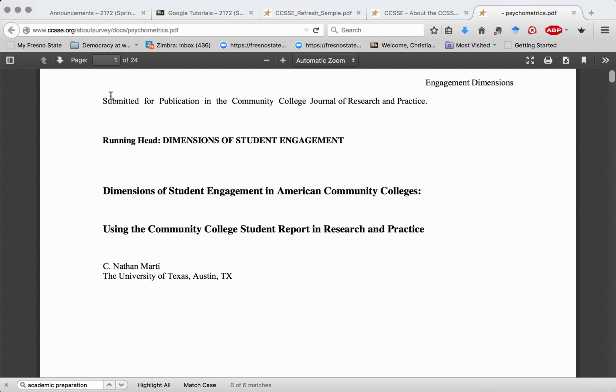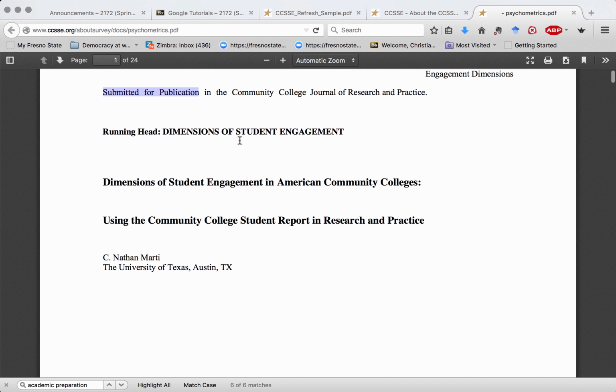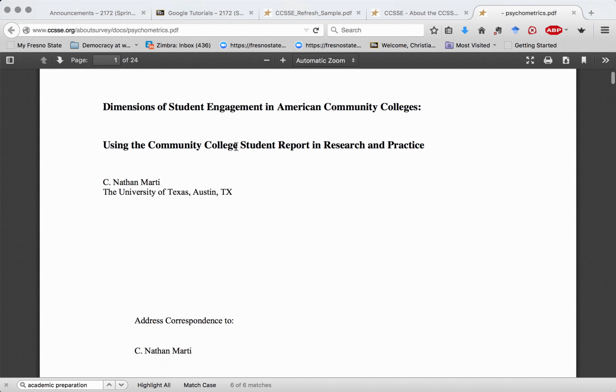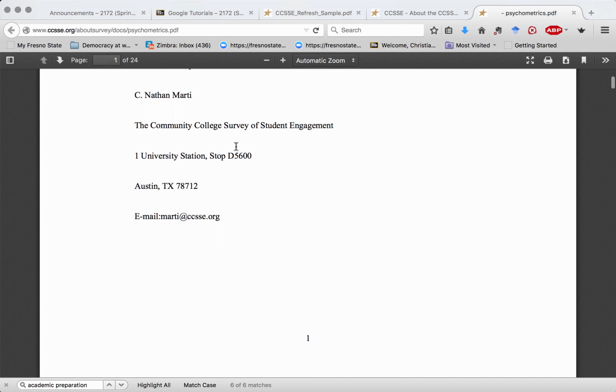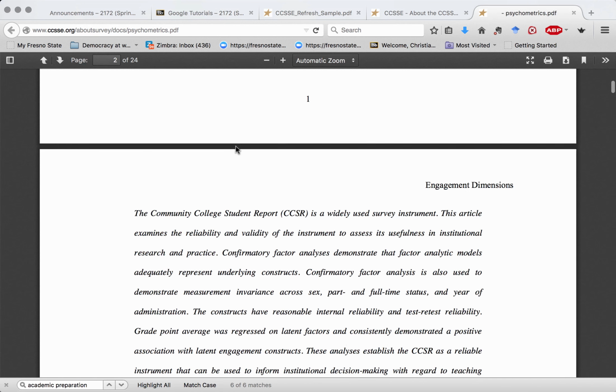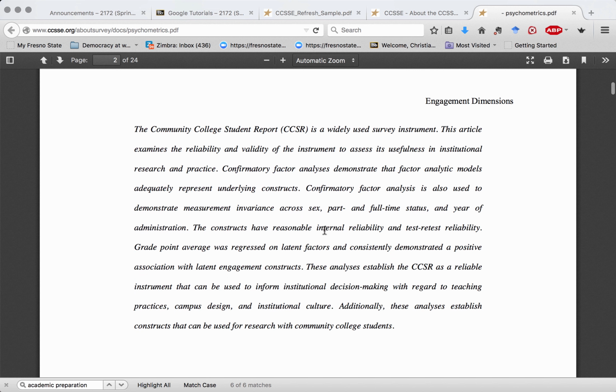Now note this was submitted for publication. We could go check and see has it actually been published, because the actual publication is what matters, not just submitting it. So here, community college, widely used instrument. Again, even if it's widely used, does not mean that it's good quality, right? That's what we want to see for ourselves.